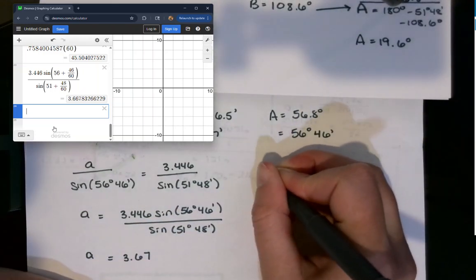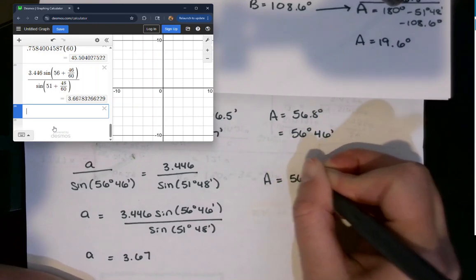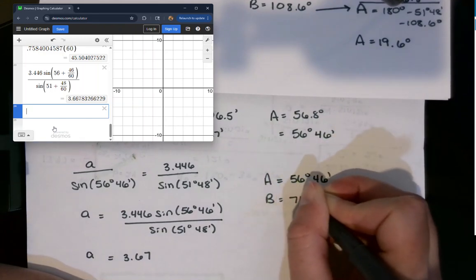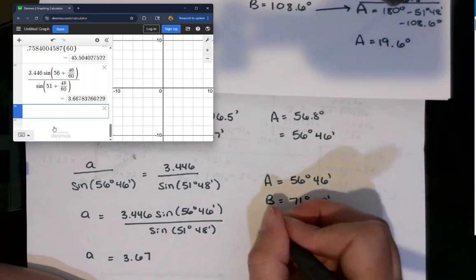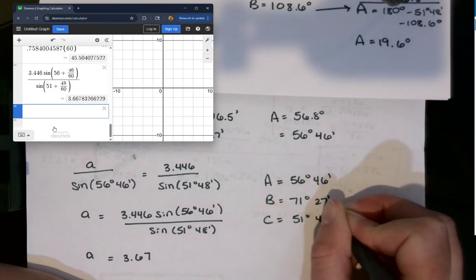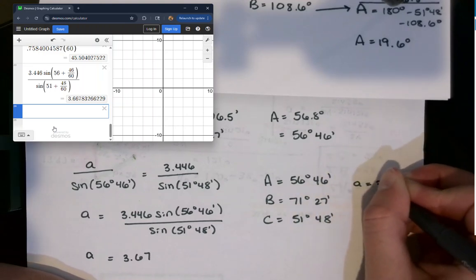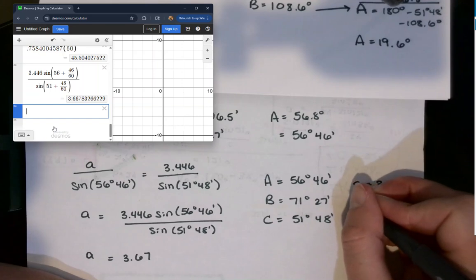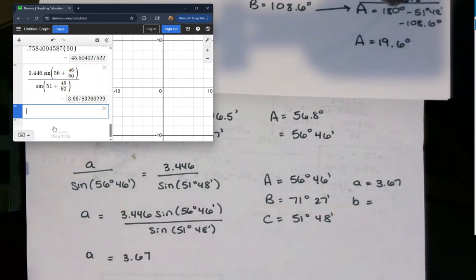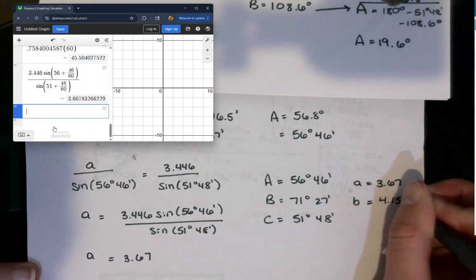So in summary, for this option, A is 56 degrees, 46 minutes. B is 71 degrees, 27 minutes. C is 51 degrees, 48 minutes. Side A is 3.67 units. Side B was given, I guess I should have kept 3 places. I just saw that B here was in 3 places, 4.157.